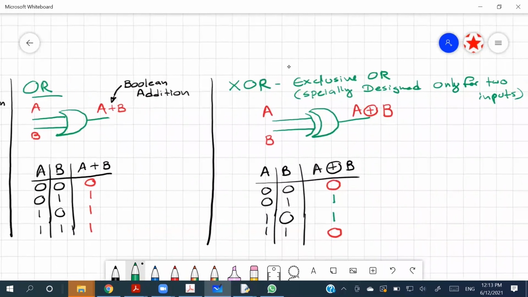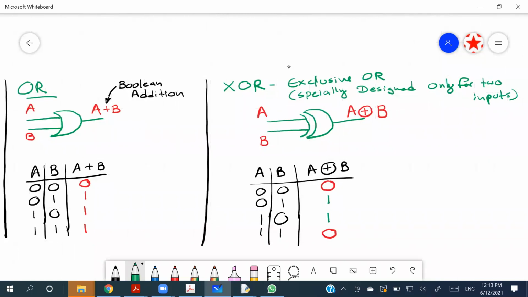Yeah, I'm moving the screen, people. If you miss anything, just let me know.